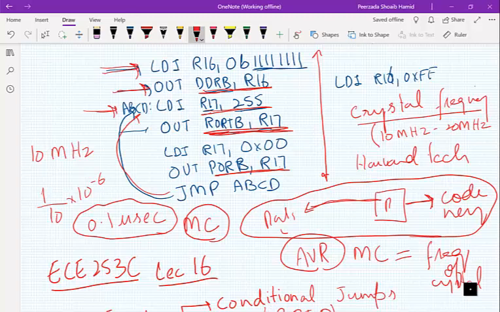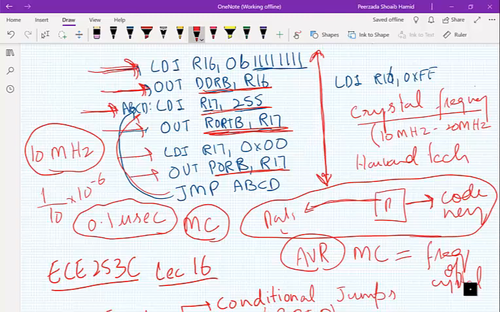So if we have attached a 10 megahertz crystal to the ATmega328 microcontroller, in which I have burned this program of blinking LEDs connected to port B, each of these instructions will take 0.1 microseconds to execute.